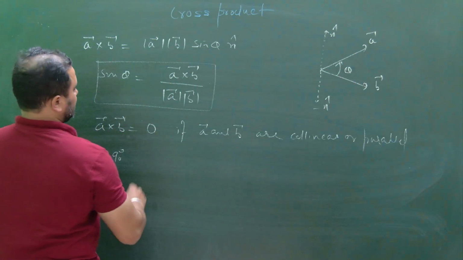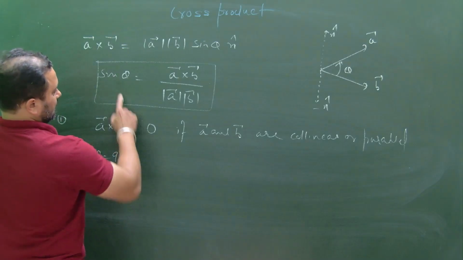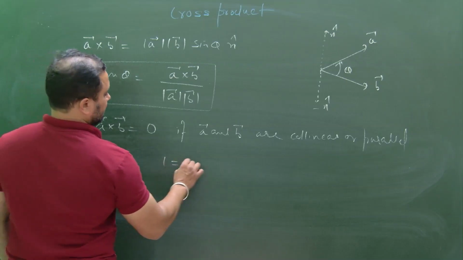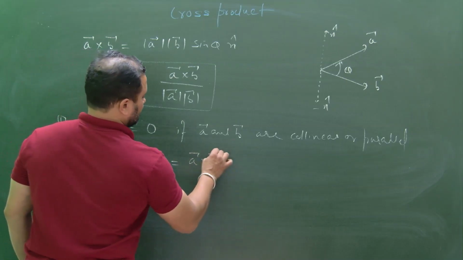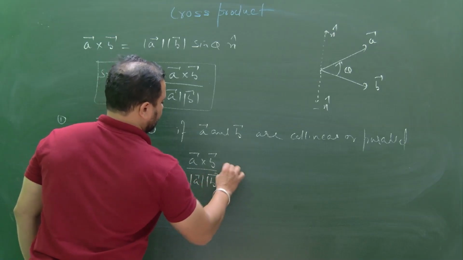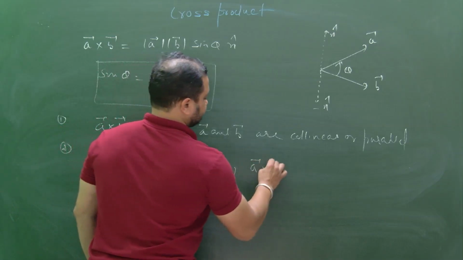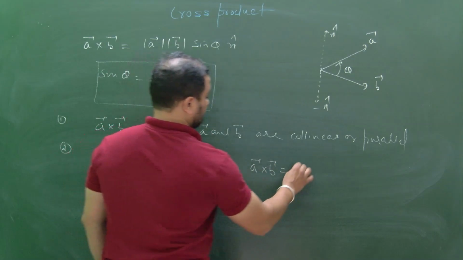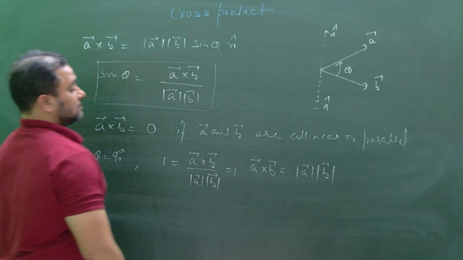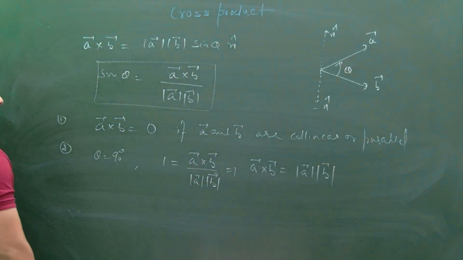In that case, if it is perpendicular, then sin 90 will be 1. In this case, the cross product will be evaluated like this, and this becomes the answer of the cross product.